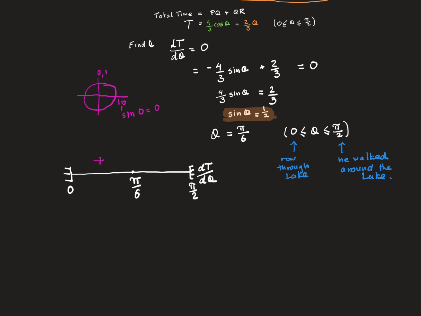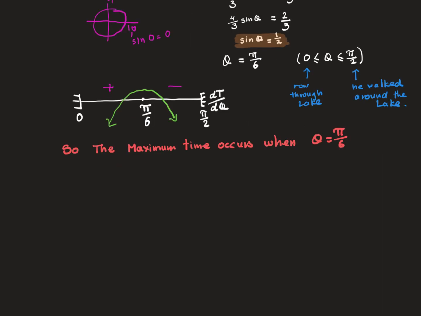And if I use pi on 2 on that side, sine pi on 2 is 1. By substituting 1 in here, it'll be minus 4 over 3 plus 2 over 3, which gives us a negative answer. We don't need to know what the answer is, we just need to know whether it's positive or negative. So in this case, it will mean that this will be our maxima. So the maximum time occurs when theta is equal to pi on 6.